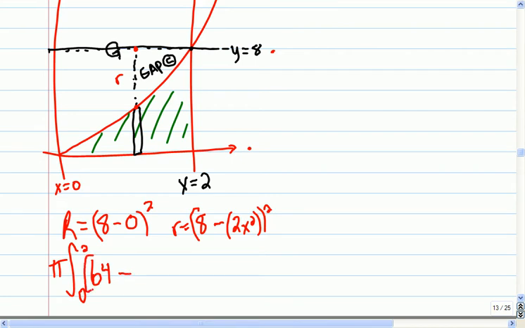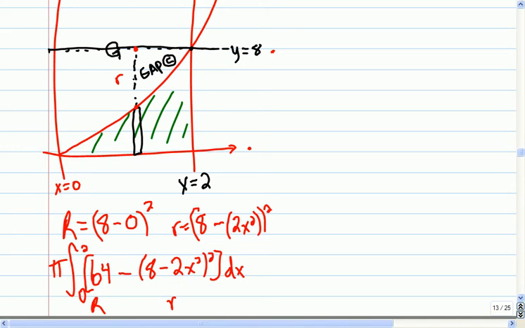So maybe for now I'll be lazy and I'll just write it like this, where this is my big radius minus the little radius. Okay. Any questions about the washer method on that?